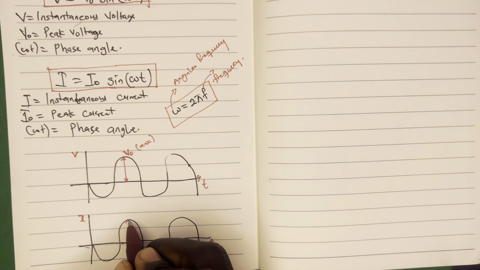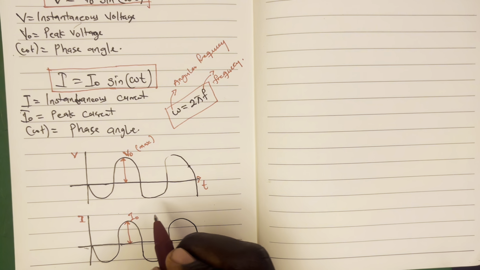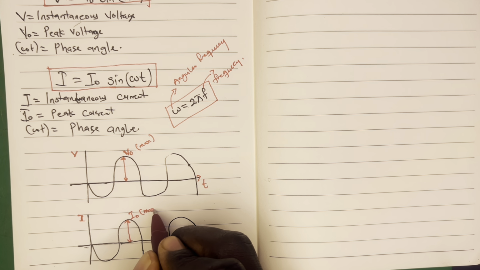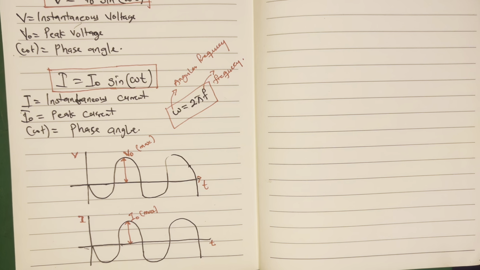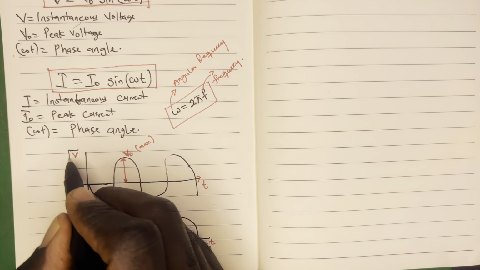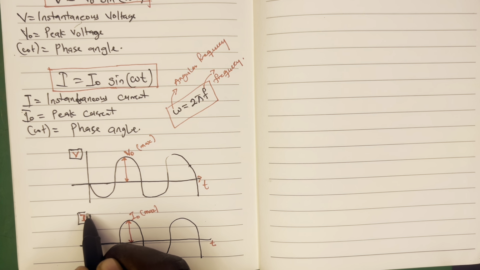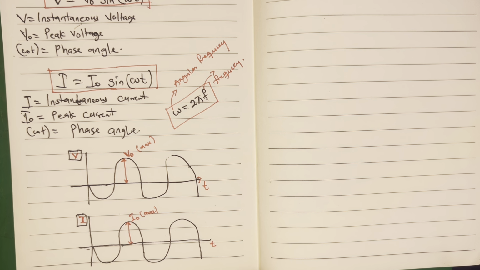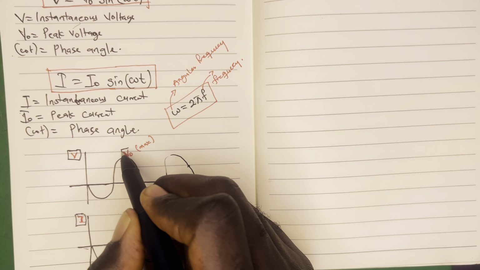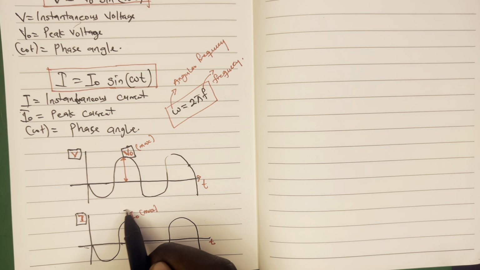The maximum point reached is going to be the peak current, the maximum current. This is really very important. The only thing you have to pay attention to here is just to look at the y-axis, and pay attention to what is plotted there. That's really very important.